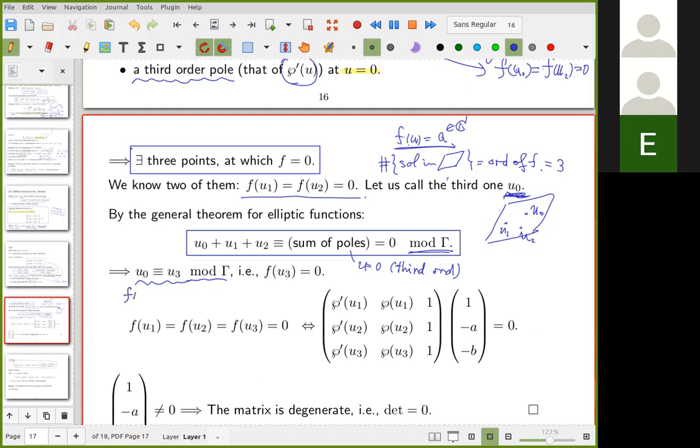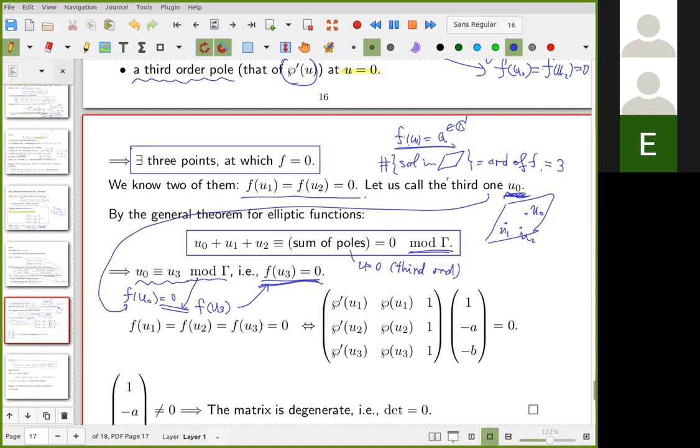And since f(u0) is 0 by definition, and f(u3) is equal to f(u0) by the periodicity, we have such an equation.